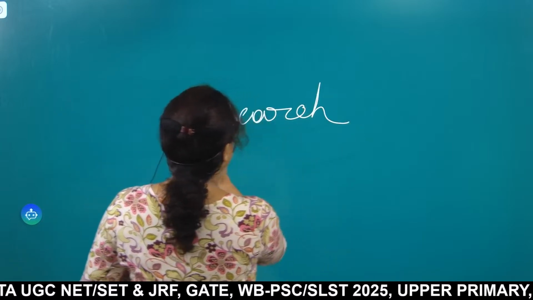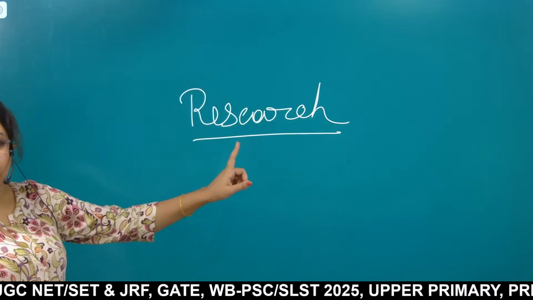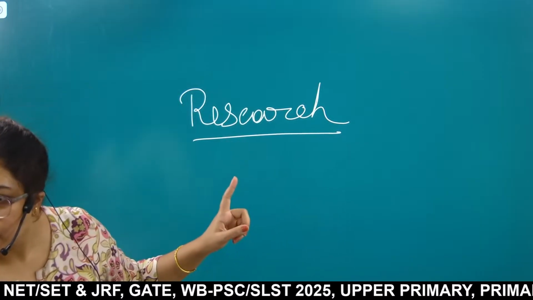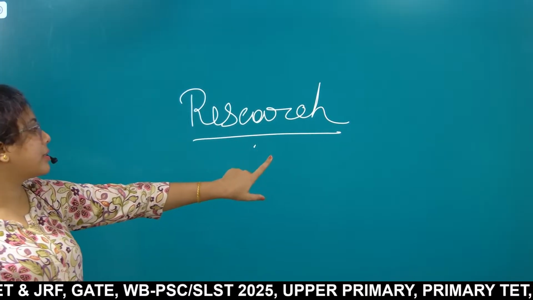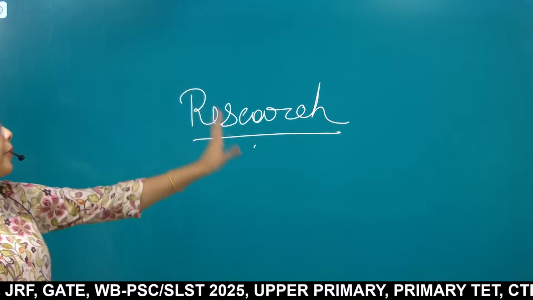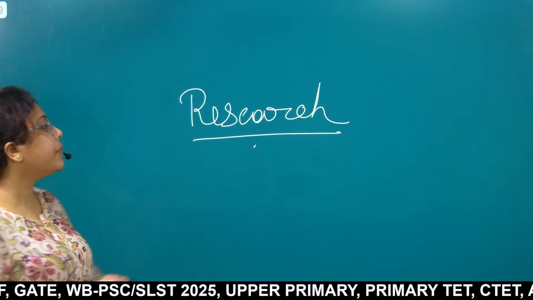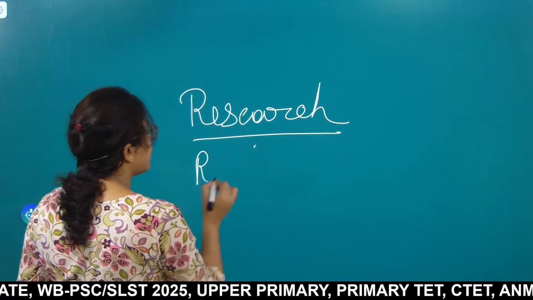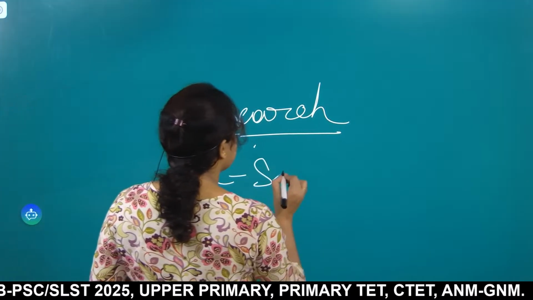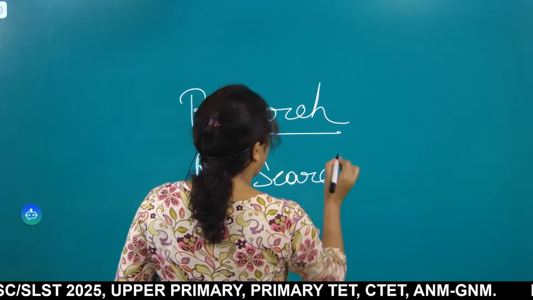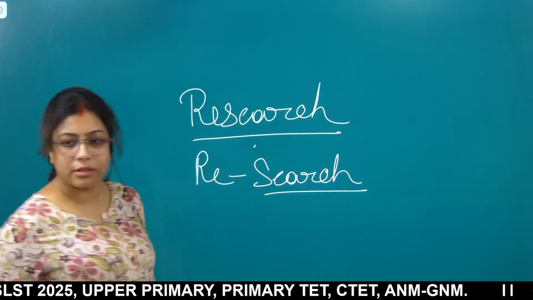Research. So, if we consider, is it visible? No. Okay, if we consider this term research, and if we break this term, then we will be able to see that there is this prefix, that is re, and there is this verb, that is search, right?